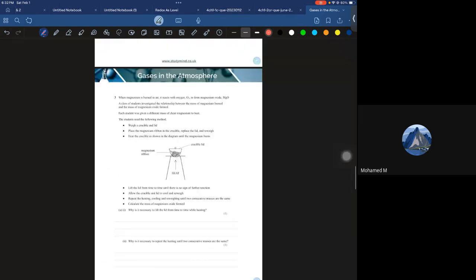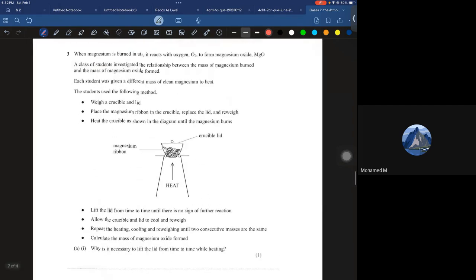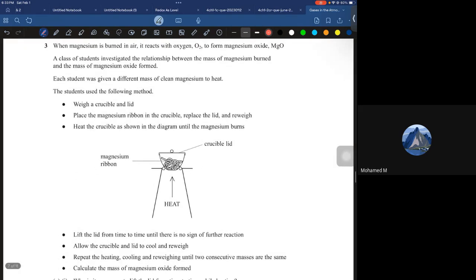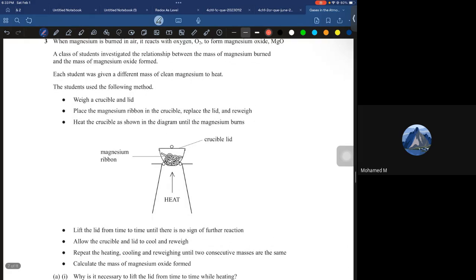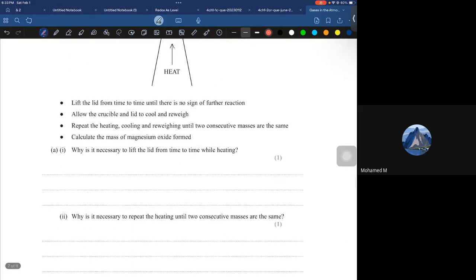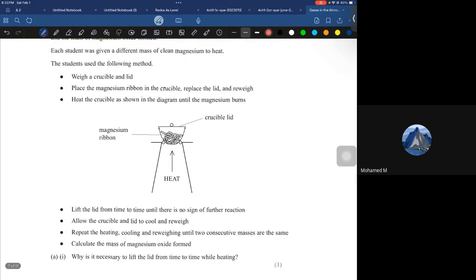When magnesium is burned in air, it reacts with oxygen to form magnesium oxide. A class of students investigated the relation between the mass of magnesium burned. Why is it necessary to lift the lid from time to time while heating? Let's suppose it's going to be heated in the crucible.